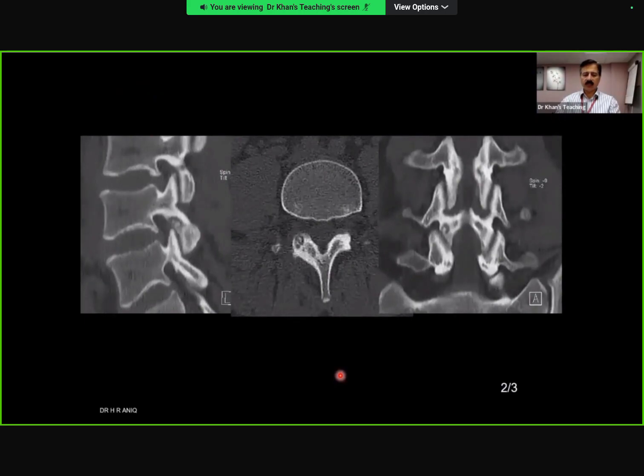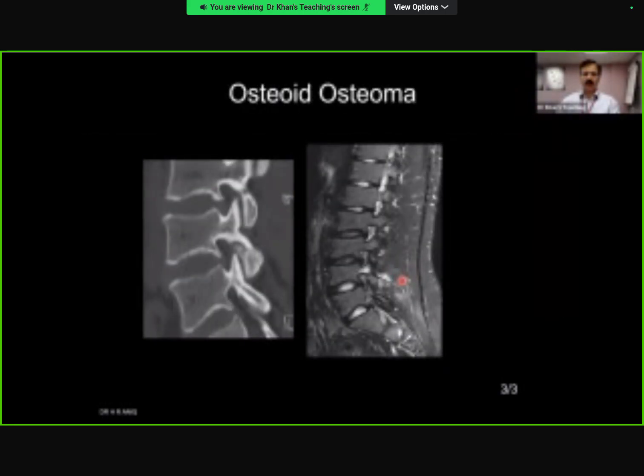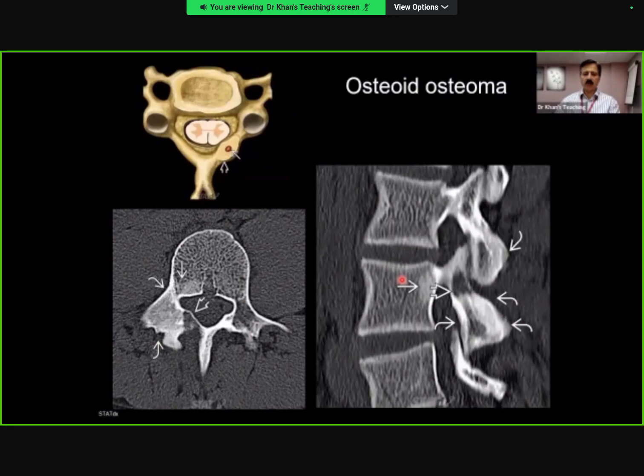And on a CT scan, again, you can see that there is a nidus sitting here, because osteoid osteomas do occur in the spine very commonly. So remember CT scan in osteoid osteoma, another one sitting here, and this is where it is sitting. But on CT, it is very well seen.